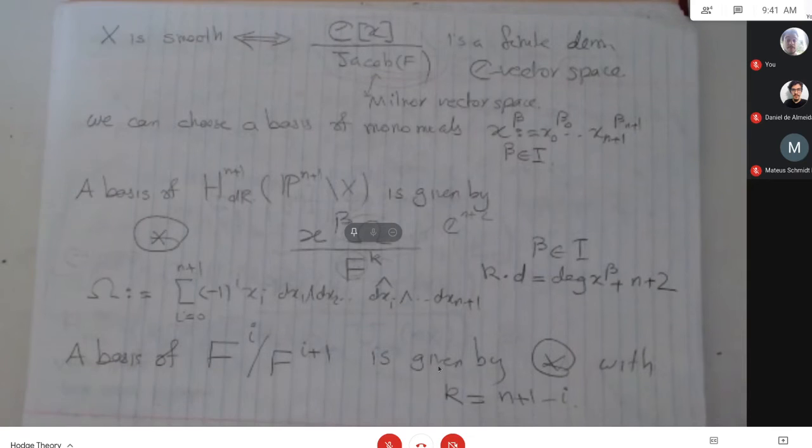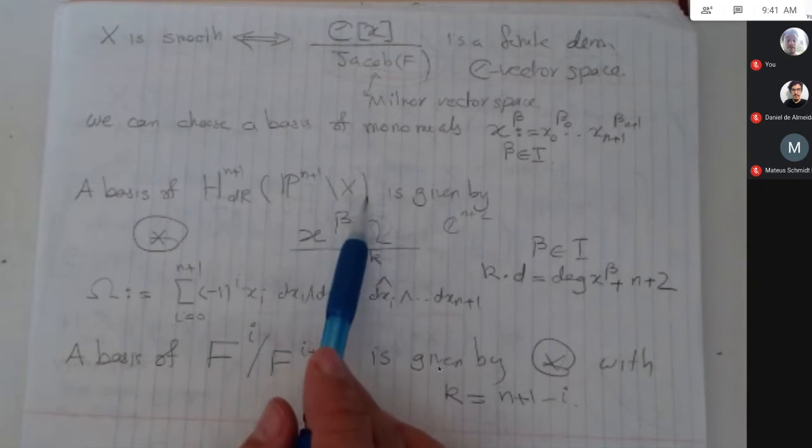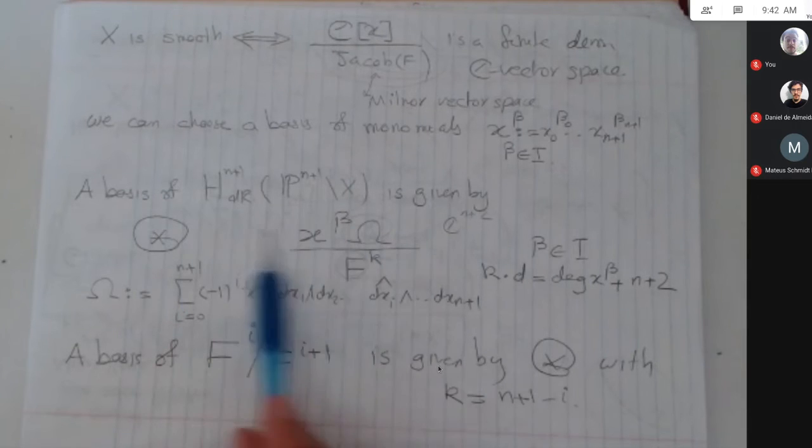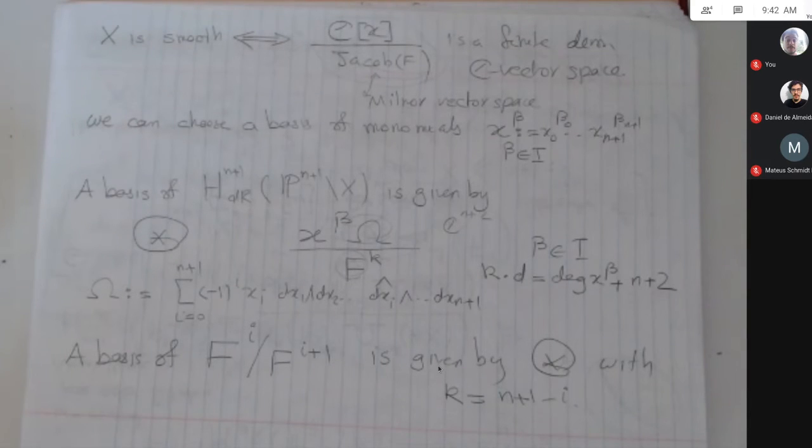Okay, let me see what else I have to say. Anyway, the moral of the story with hypersurfaces is that in order to capture the cohomology of hypersurfaces, we just need to work with the complement. And in the complement, it is easy to describe the Hodge filtration and so on.